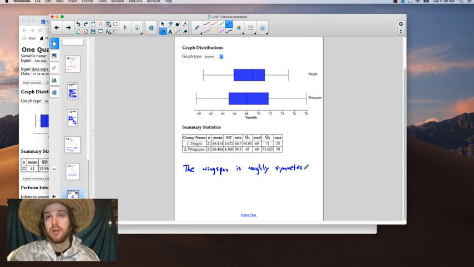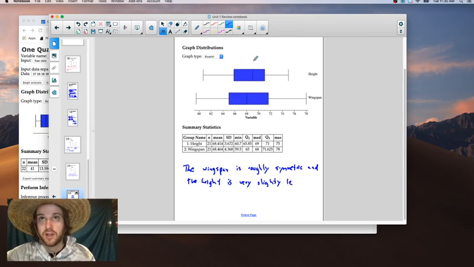The wingspan is roughly symmetric, and the height is very slightly left skewed. The reason I can tell it's slightly left skewed is that this gap, this right 50%, and this section on the left side is wider.